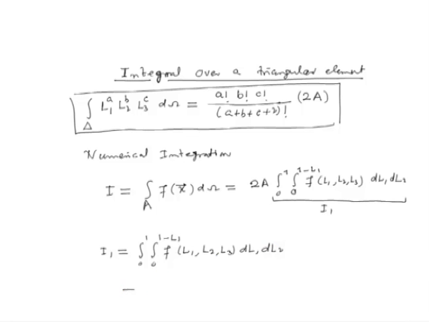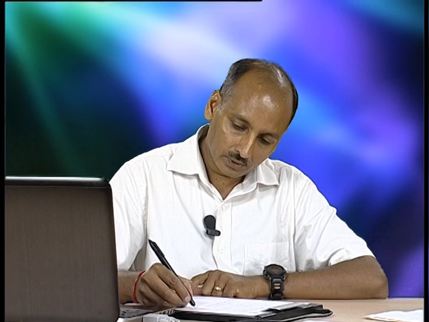This can be expressed in a form very similar to our Gaussian quadrature, that sigma i equal to 1 to n, f at L1i, L2i, L3i times weight Wi. So, there are standard tables available. Say for instance, I will just put two possibilities here.